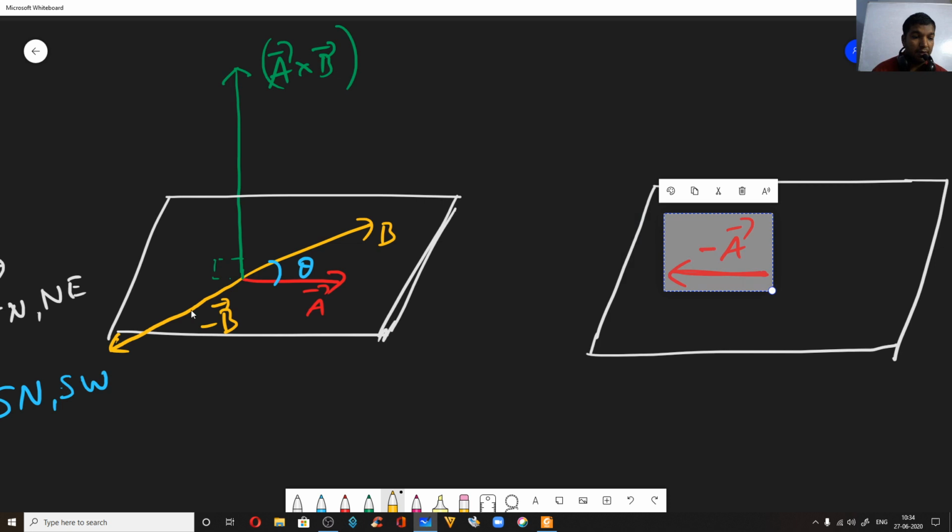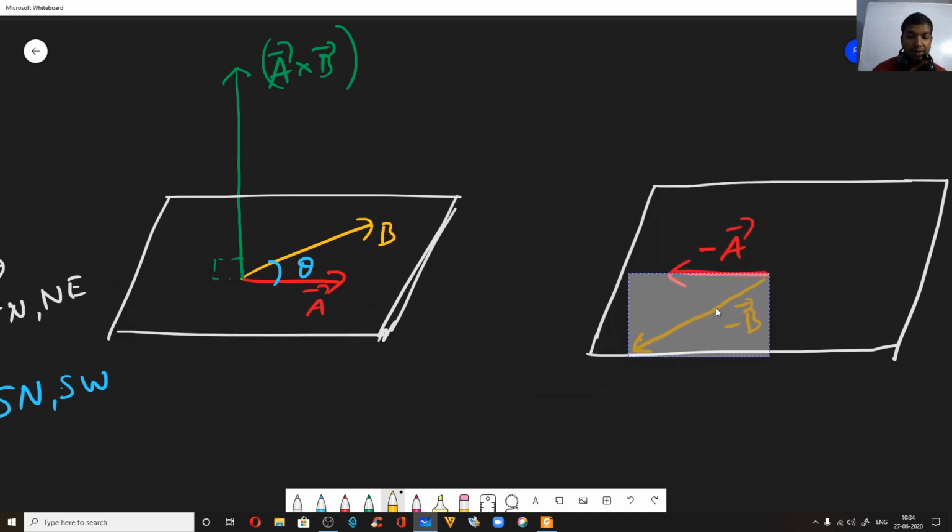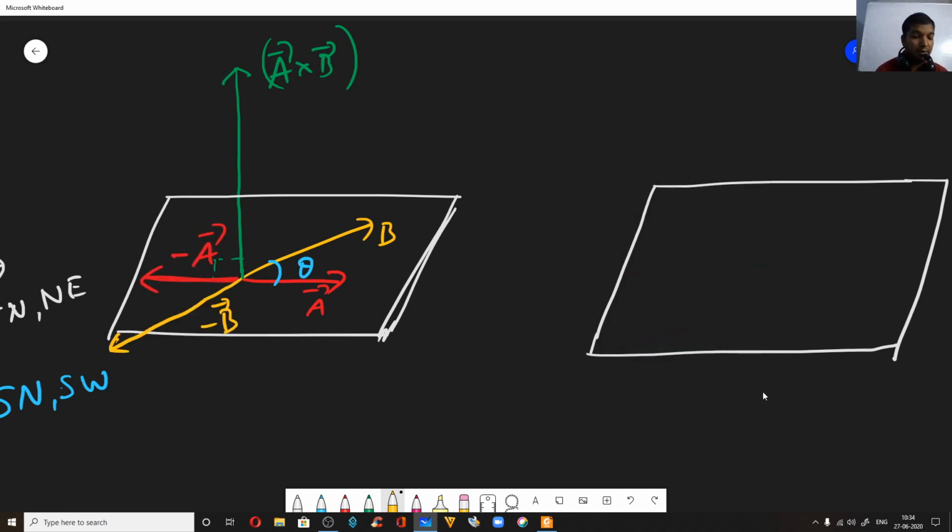Now negative B, we have kept it like this. Now if you can see from here, what will be the angle between them? The angle between them is theta, is it not? Vertically opposite angles, right?